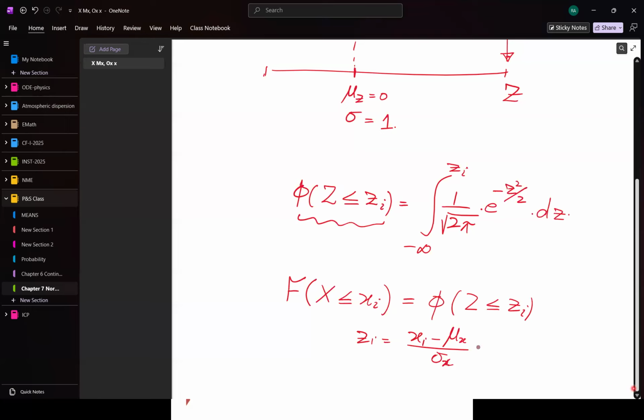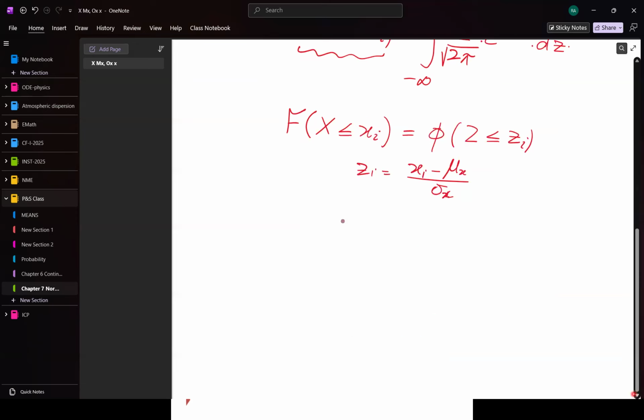So this is going to be our transformation, which will help us develop the estimates of probability using the z distribution tables.